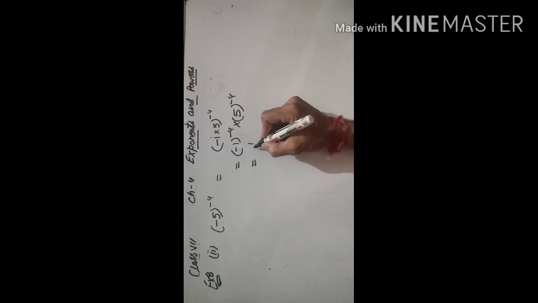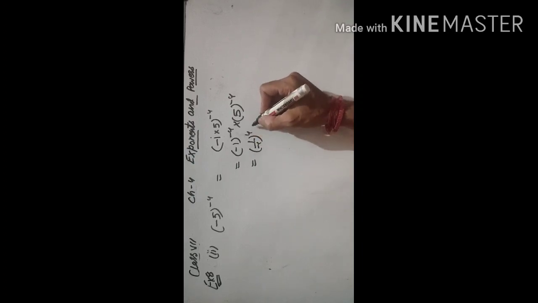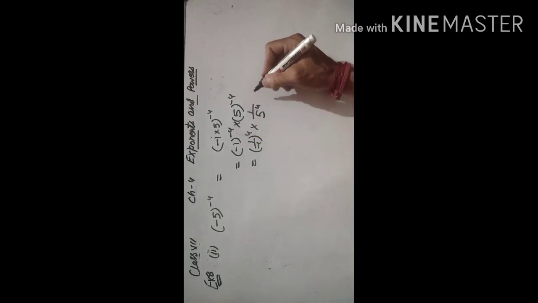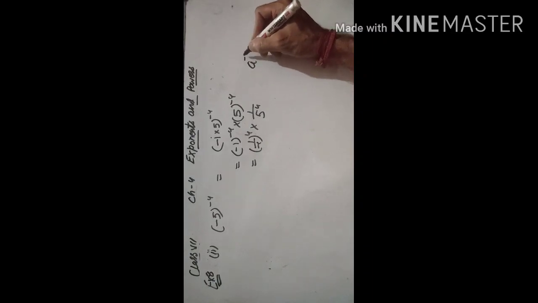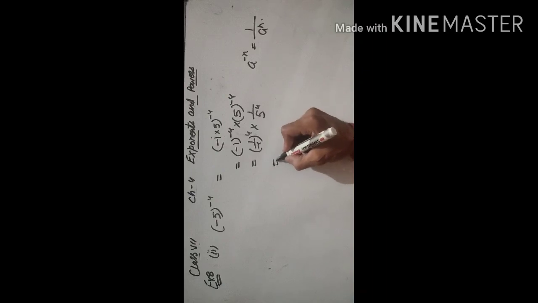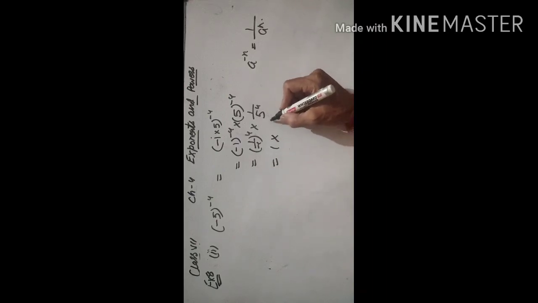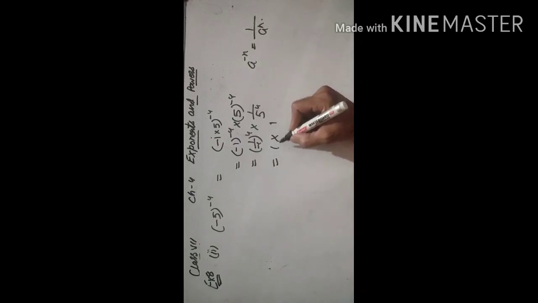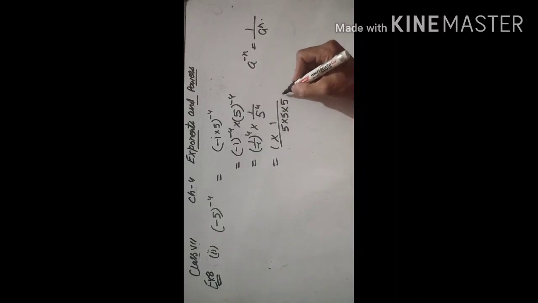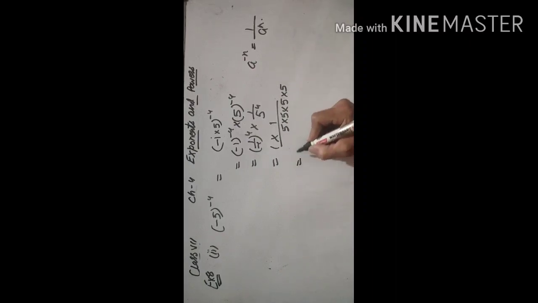Minus 1 to the power 4 is 1, and 5 to the power minus 4 is 1 by 5 to the power 4, because a to the power minus n is equal to 1 by a to the power n. Now this becomes 1 into 1 by 5 to the power 4, means 1 upon 5 into 5 into 5 into 5, that is 625, so 1 by 625.